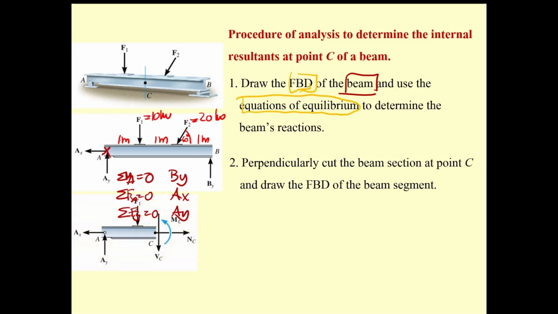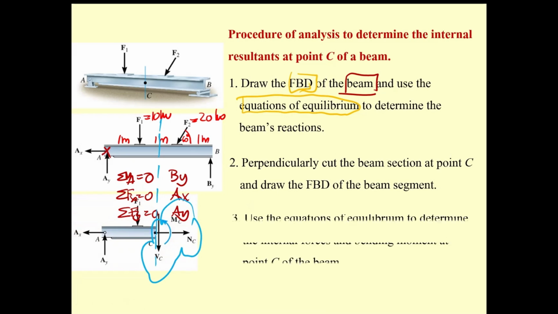When you cut it, you have to specify the shear, the normal force, the moment, following our sign convention. And then you have to use the equations of equilibrium again to determine it.